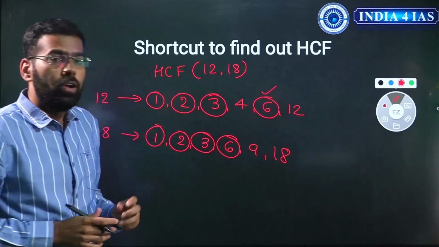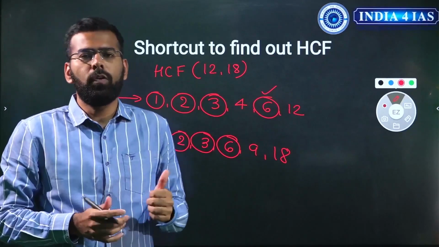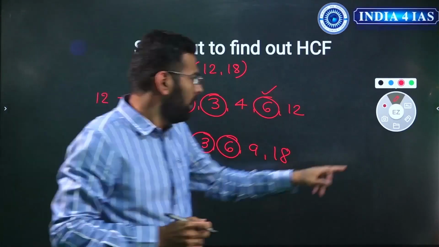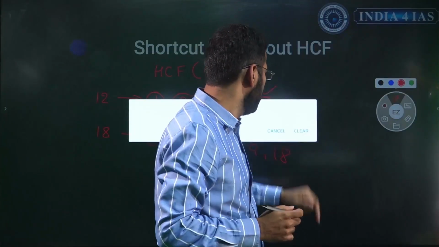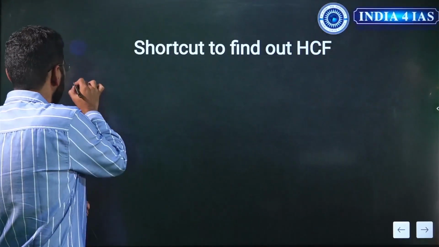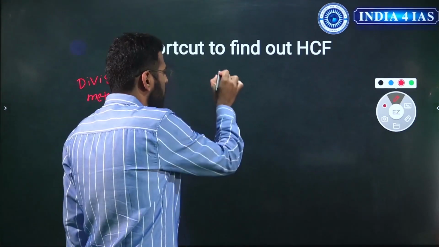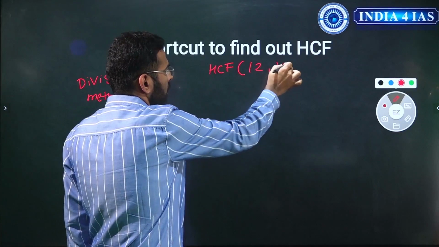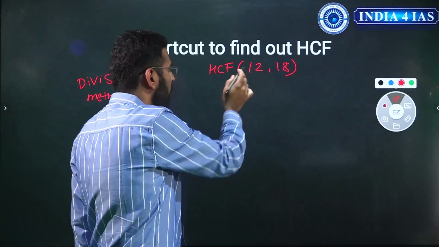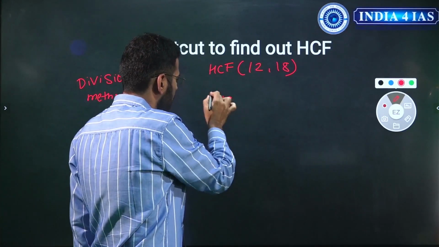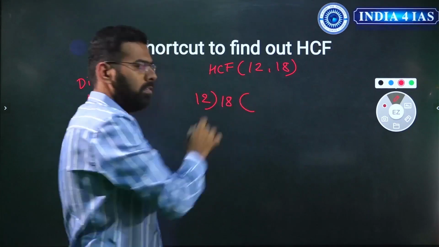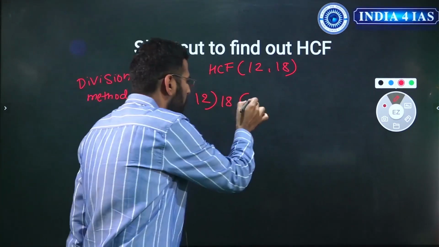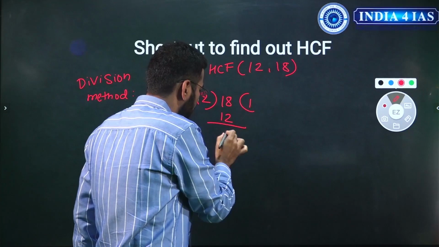Okay. Usually in school days, we used to find this using the division method. Let's see how. If you want to find out HCF between 12 and 18, we used to divide the bigger number by the smaller number. 12 ones are 12, the remainder is 6.